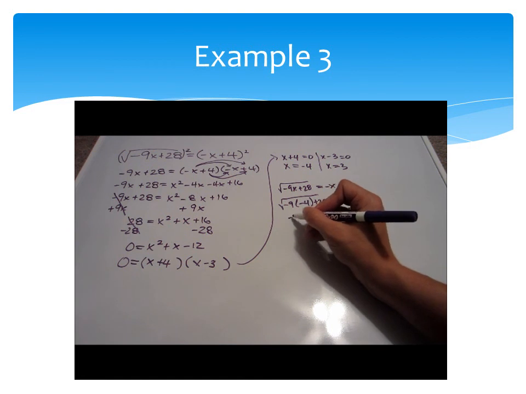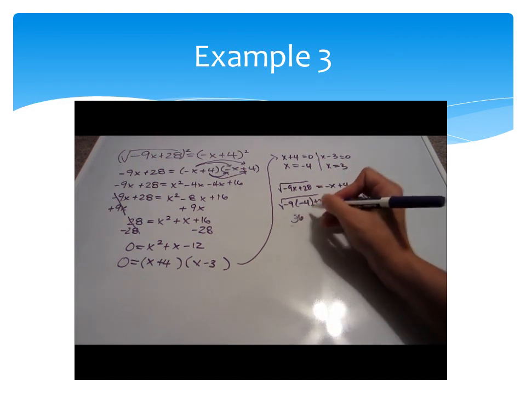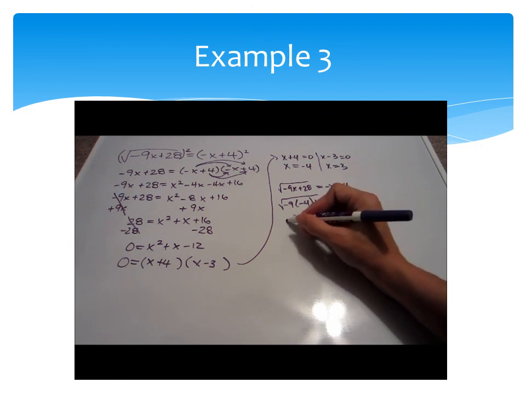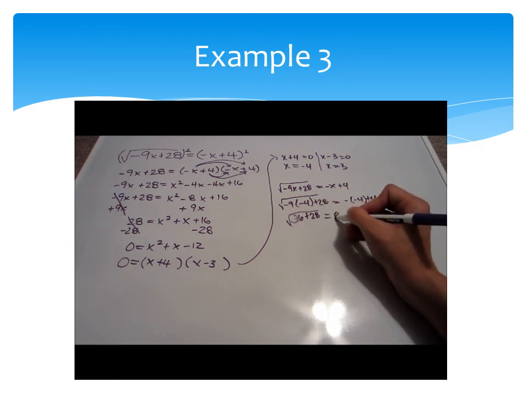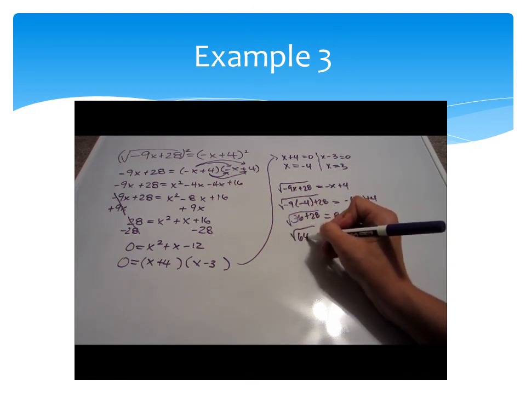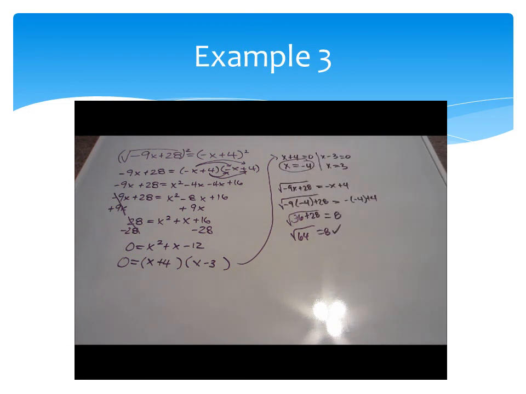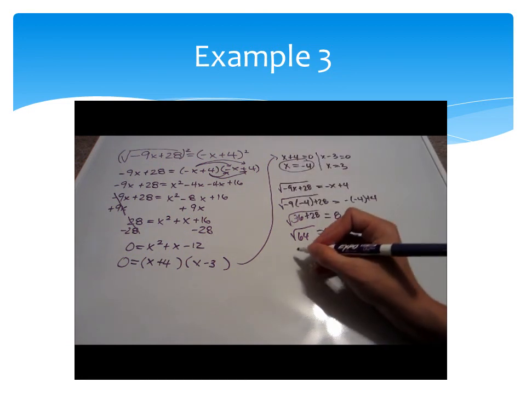On this side we get positive 36 plus 28, equal to 8. 36 plus 28 gives us the square root of 64 equal to 8. So the first one checks out. So this is one of the solutions. Now we have to check the other one.